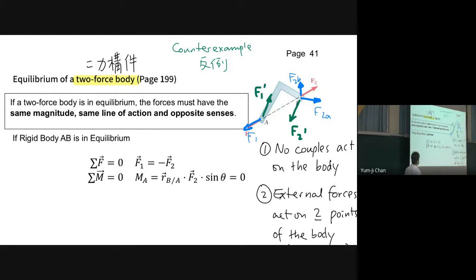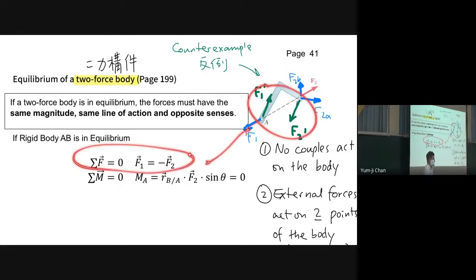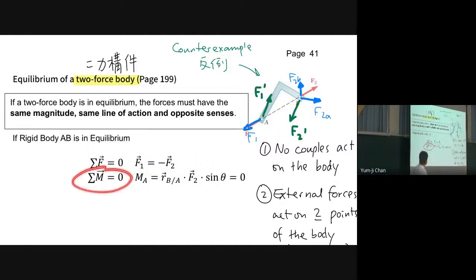These two forces satisfy summation F equal to 0, with this one going to the left-hand side downwards and this going to the right-hand side upwards. Now for summation M, we take point A as an example.